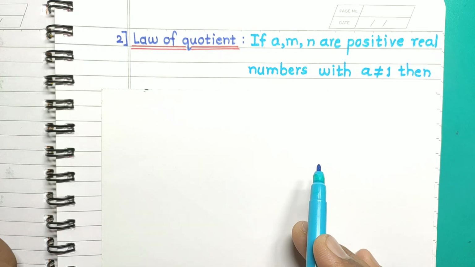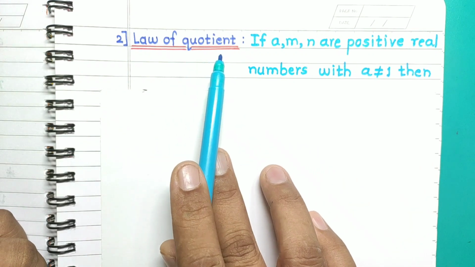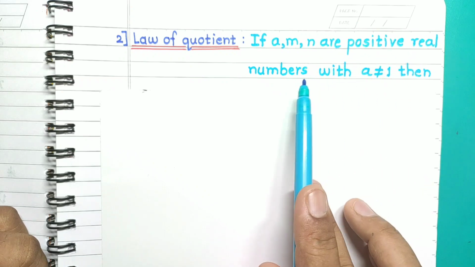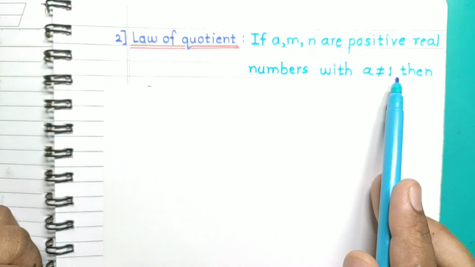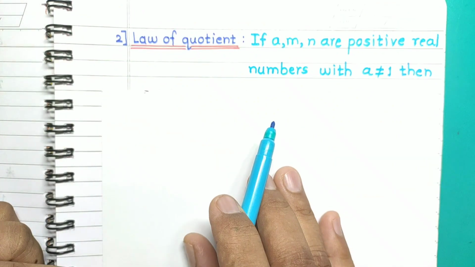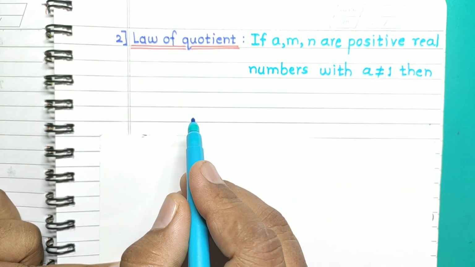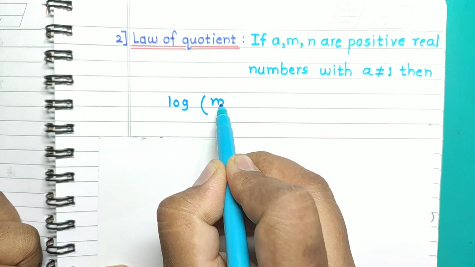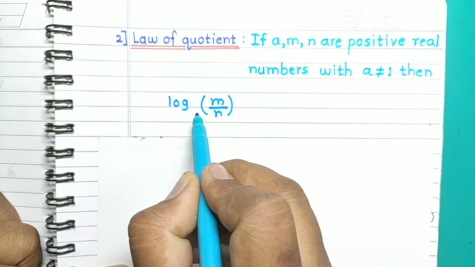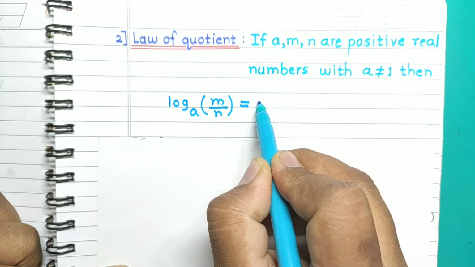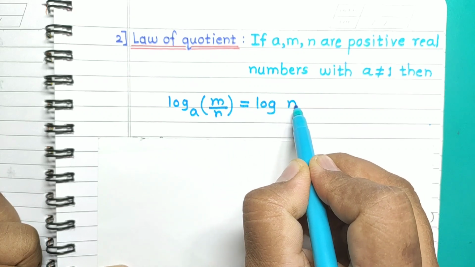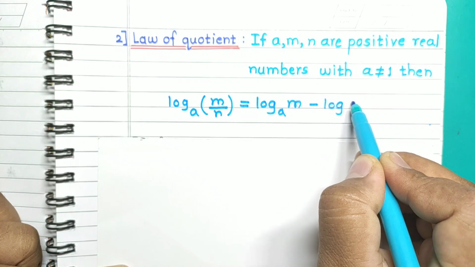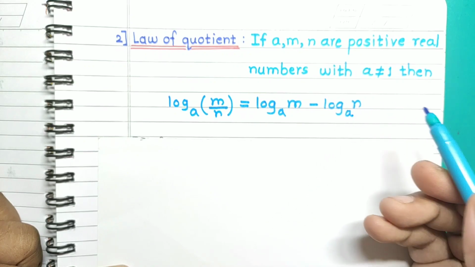Then the next law is the law of quotient. If a, m, n are positive real numbers with a not equal to 1, then log of m by n to the base a is equal to log of m to the base a minus log of n to the base a.